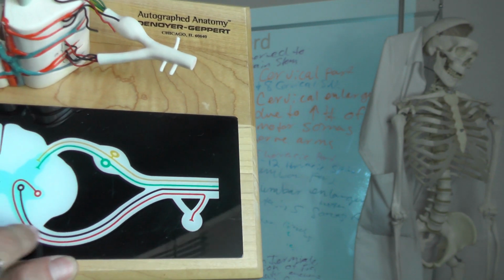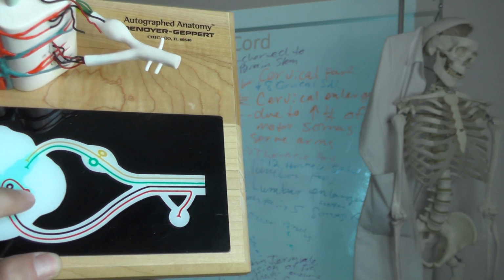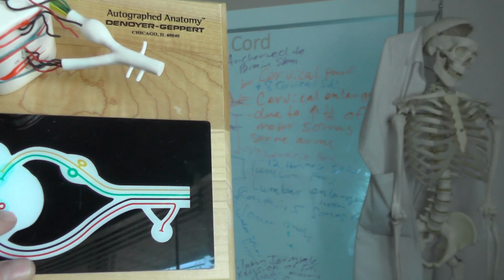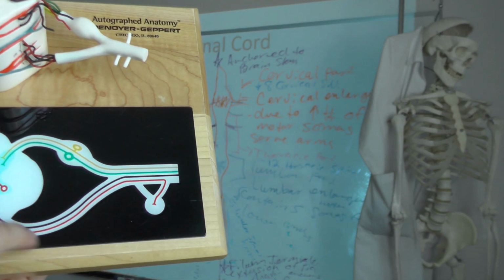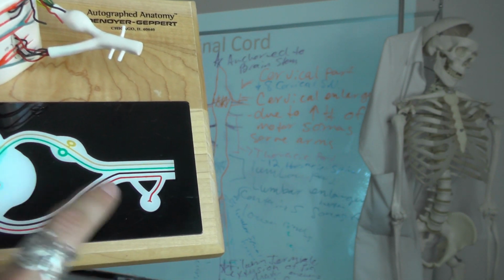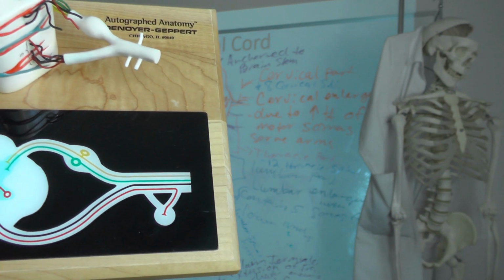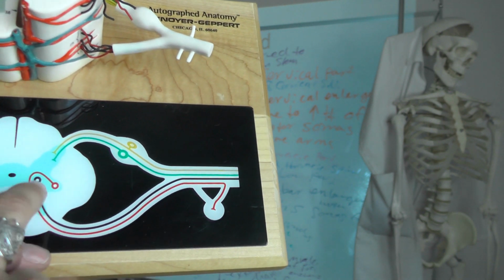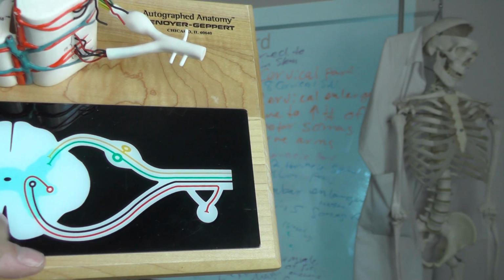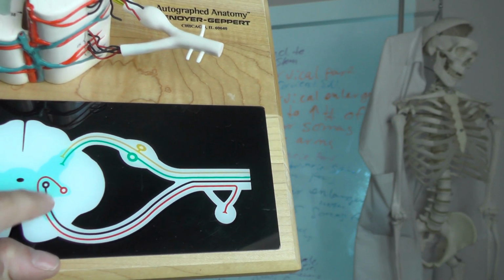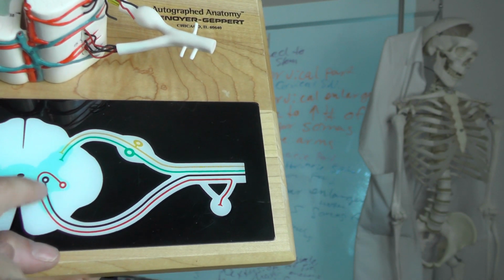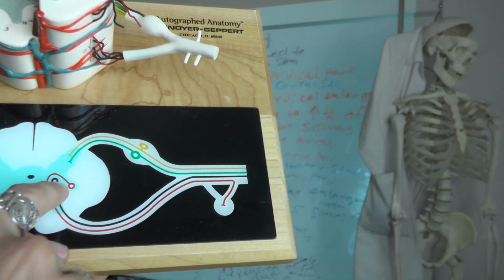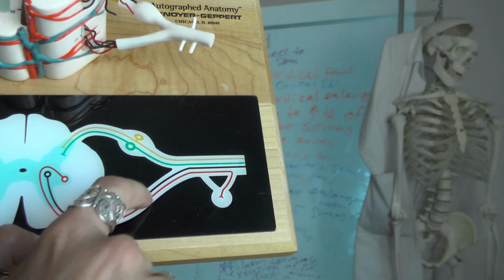Our motor commands for our autonomic nervous system originate with somas in the lateral horn, and then the axons extend more anteriorly and shoot out through something else we'll talk about at the end of the semester. But our voluntary or somatic motor neurons have their cell bodies more in the ventral horn, and then their axons extend through the ventral root.